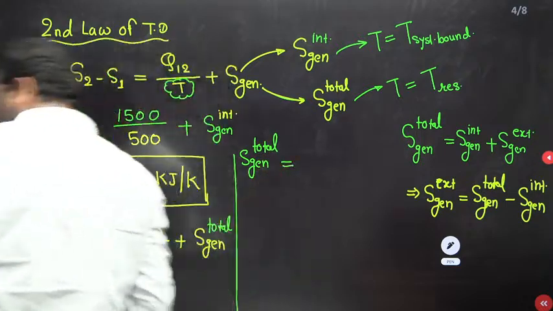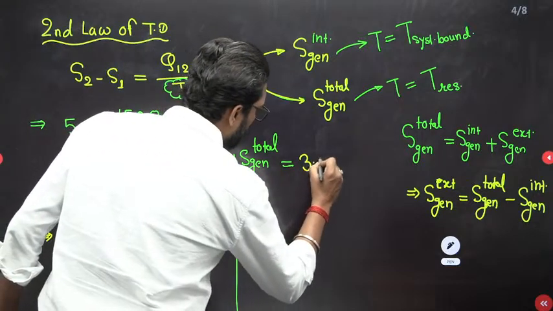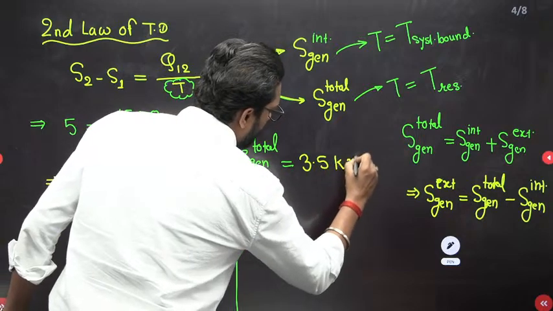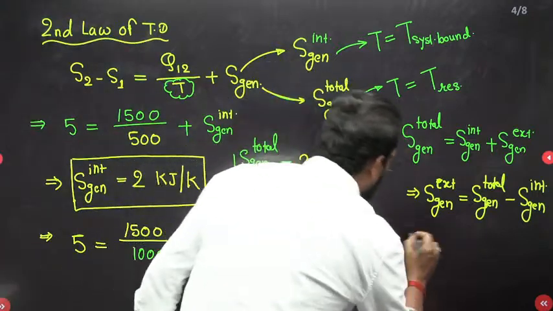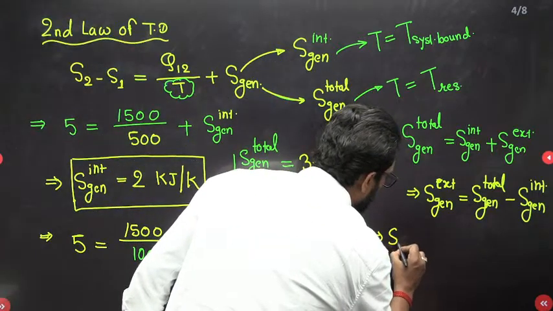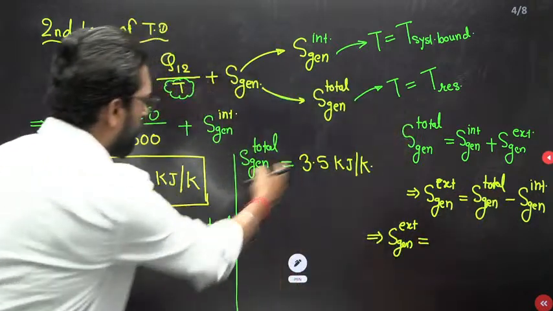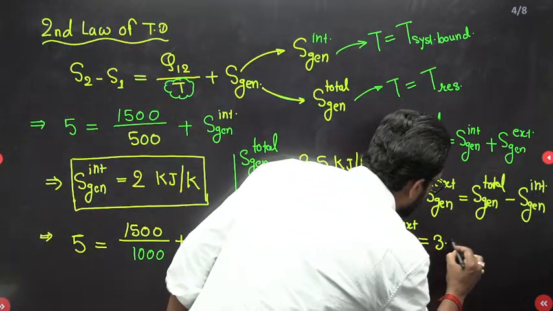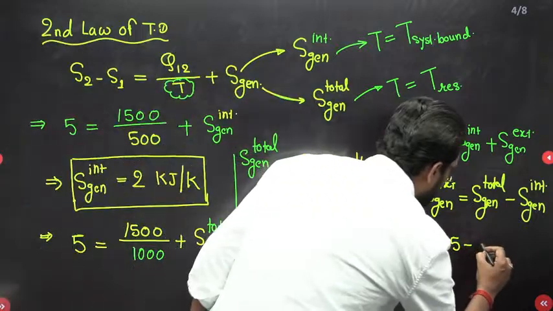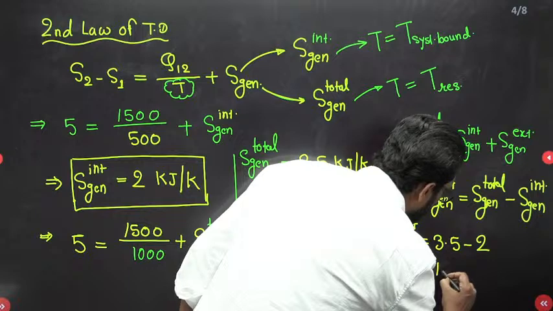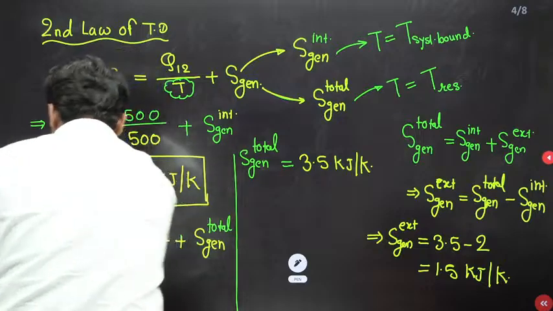If you calculate, the total entropy generation is 3.5. Clear? So what is the entropy generation due to external? Total 3.5, internal 2. How much is it? 1.5. Clear or not?